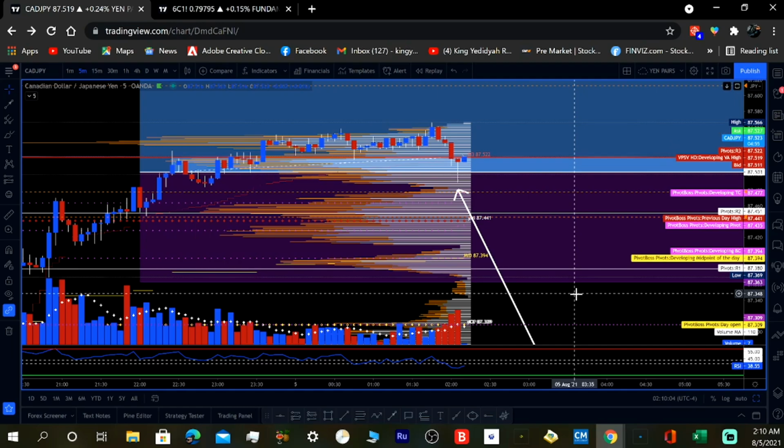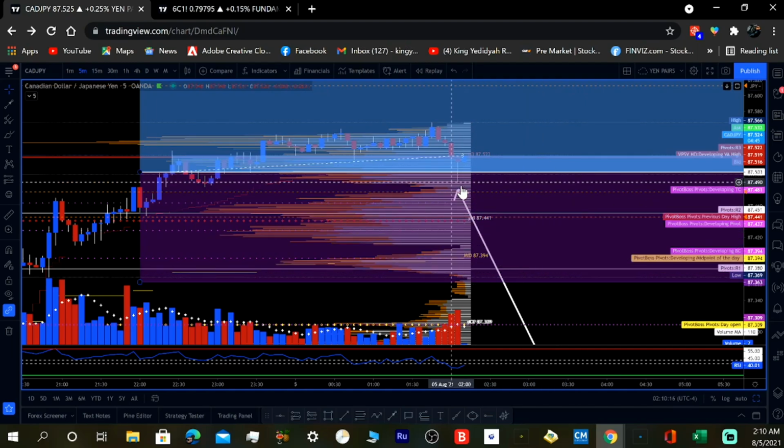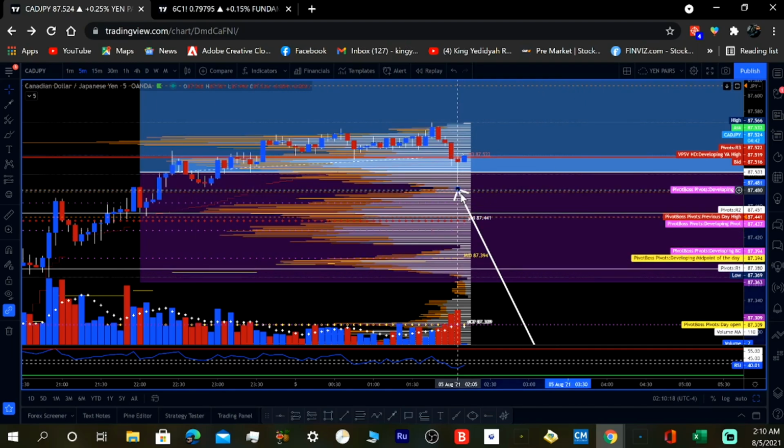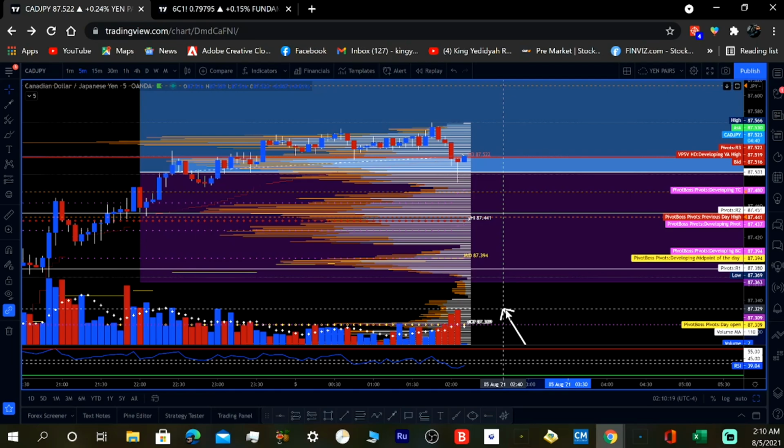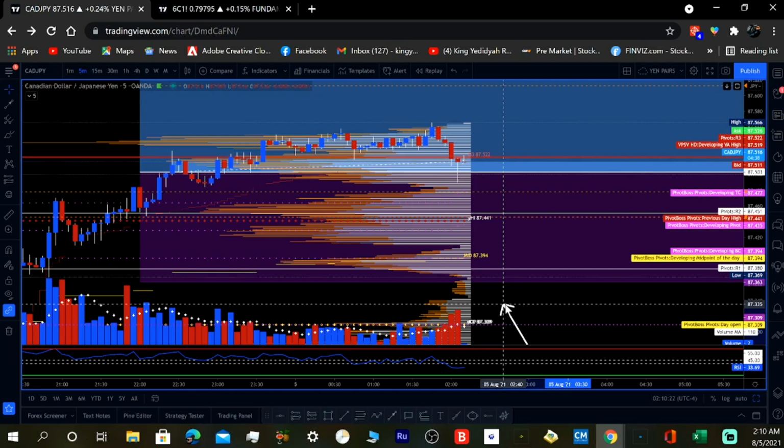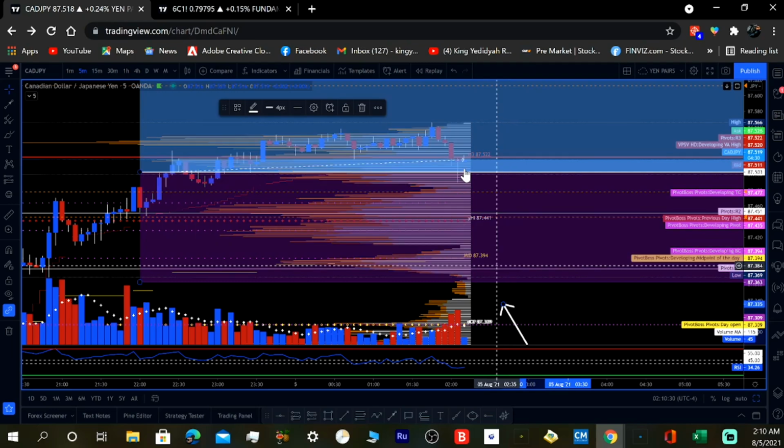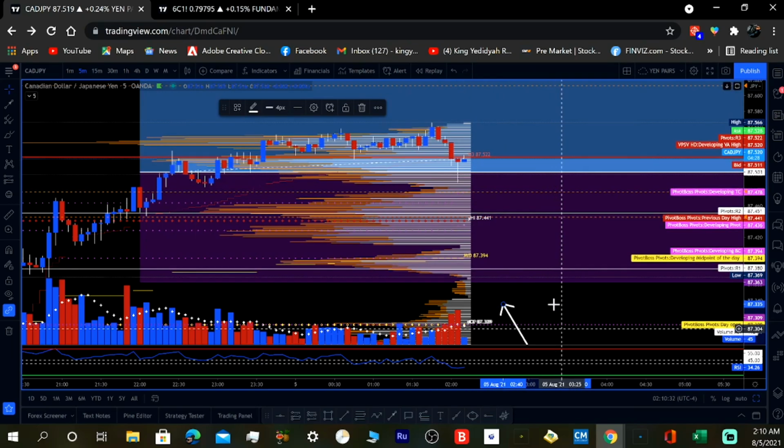And then you see this other candle just popped above, so let's see what it does. If we start getting a rejection around this level right here, this R3, that's not a good sign.